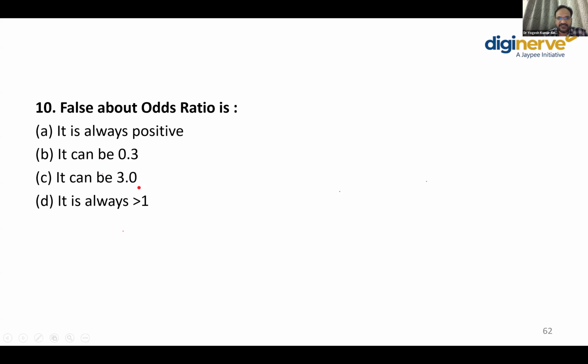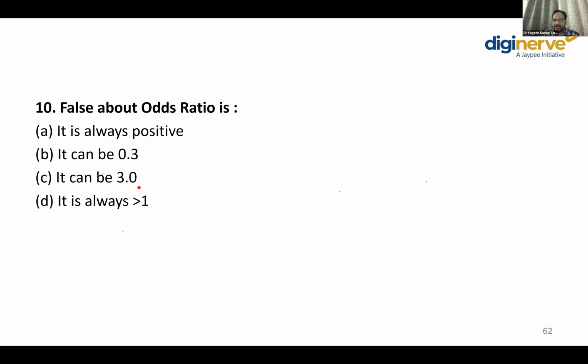The next one: which is false about the odds ratio? It is always positive, it can be 0.3, it can be 3.0, or it is always greater than 1.